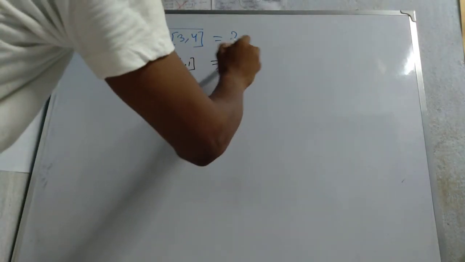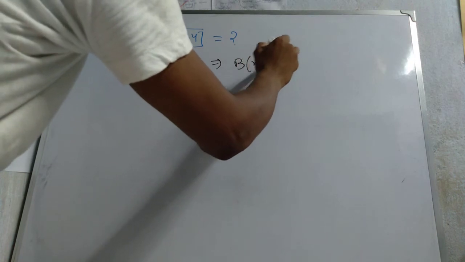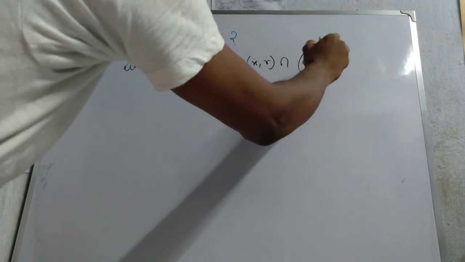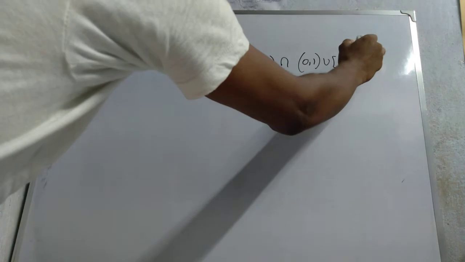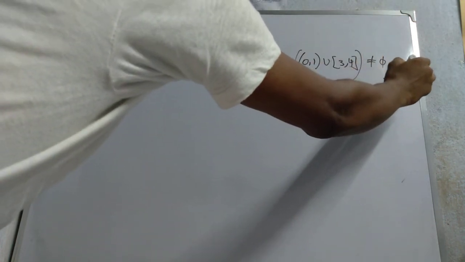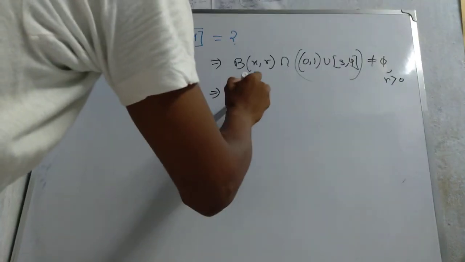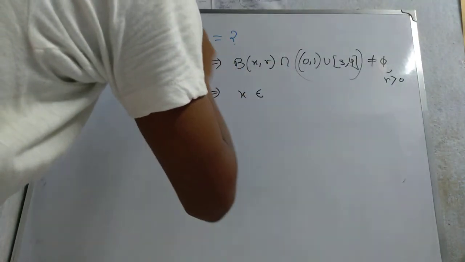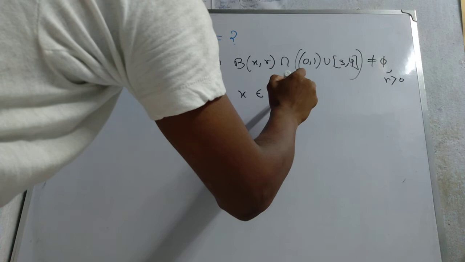Then this implies that the neighborhood of x with radius r intersected with (0,1) union [3,4] is not equal to the empty set for r greater than 0. This implies x belongs to this closure.